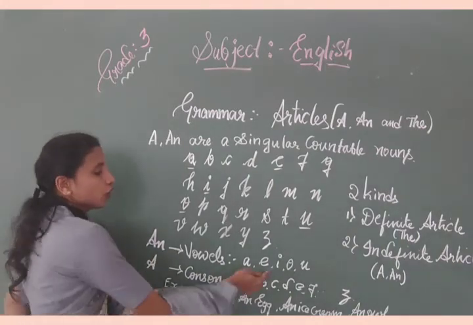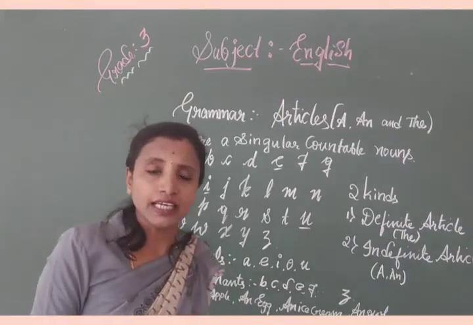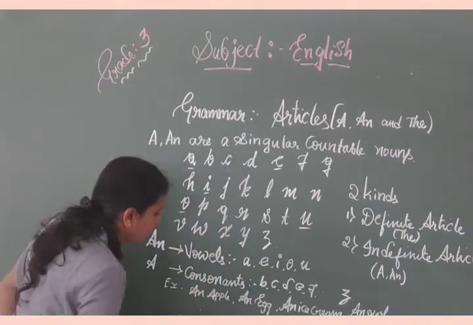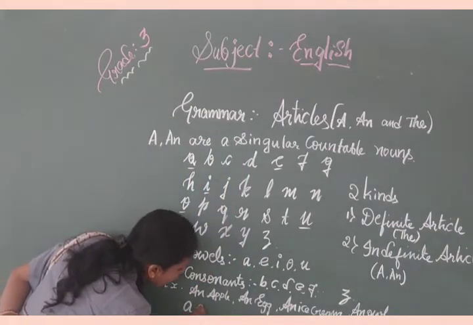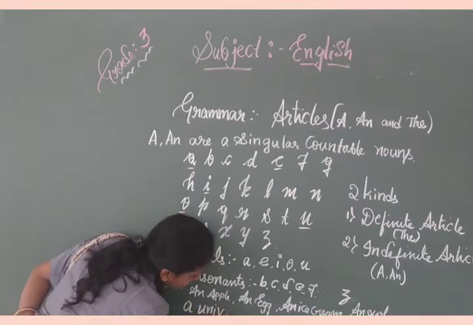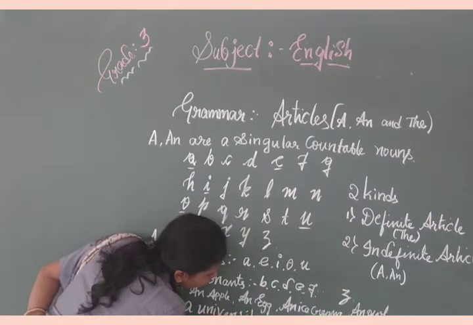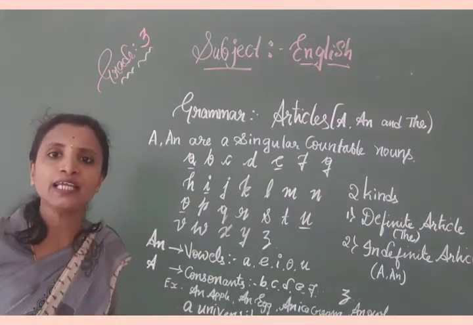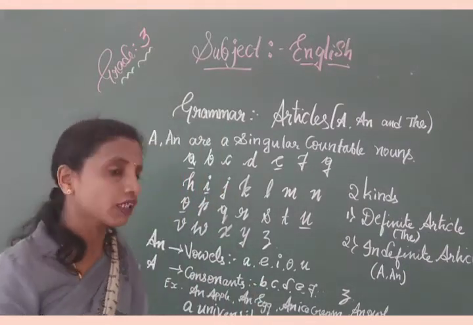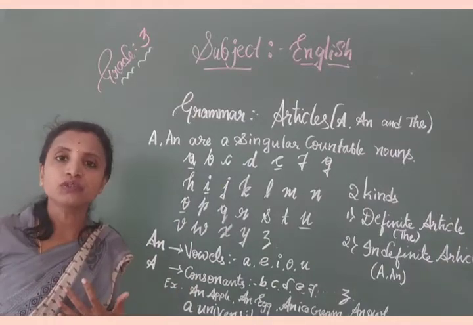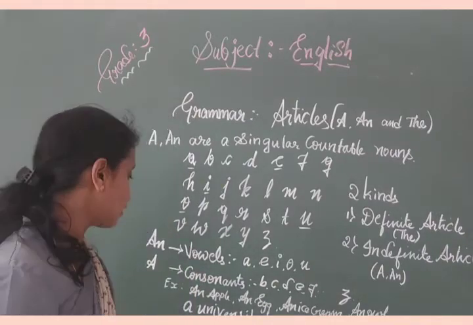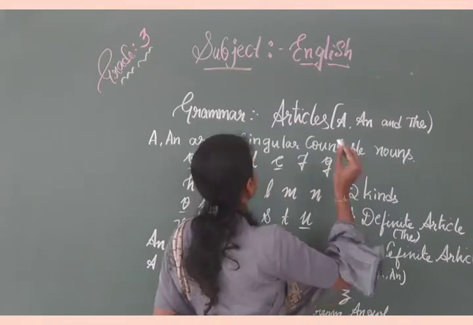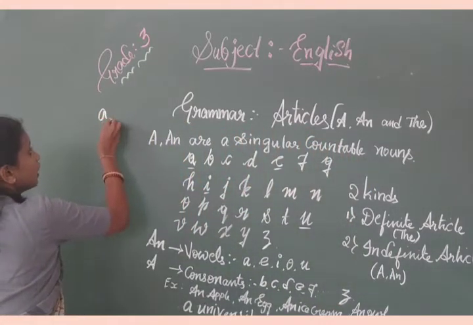Although U is also a vowel, but look, I am writing a university. Here I should use an, but I am using a. Why am I using a?